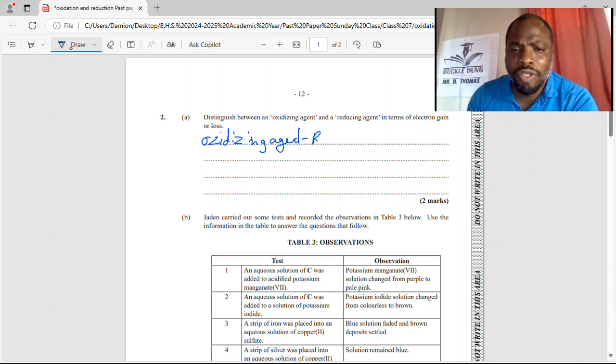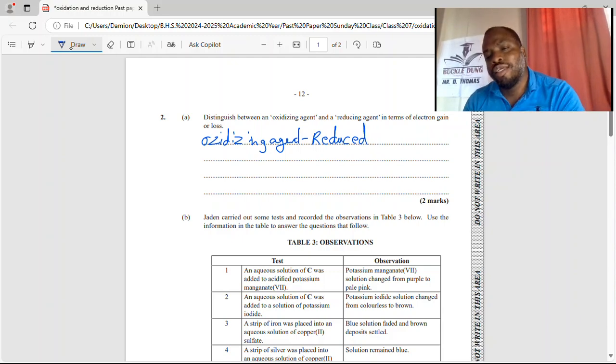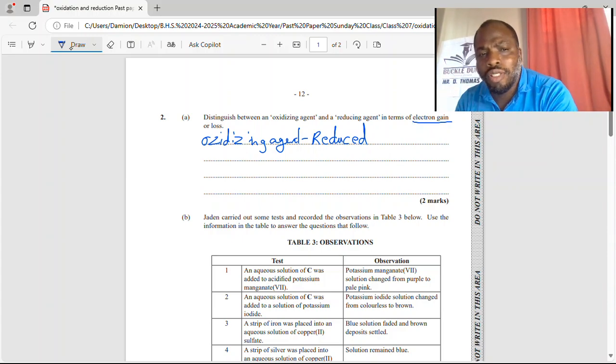I'm being reduced. And you're in the exam and you're smiling and you're saying to yourself, thank you, Mr. Thomas, for teaching me this. Not true. Now, if I'm being reduced, remember they want you to talk to them about either it is loss or gain.